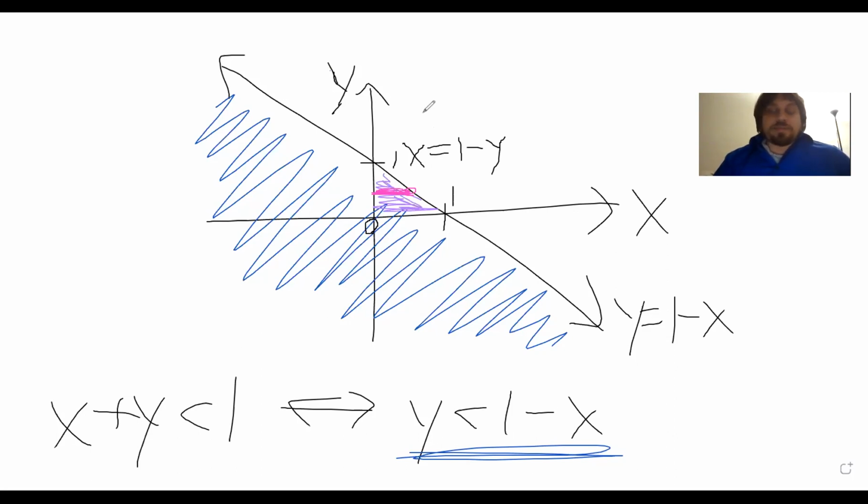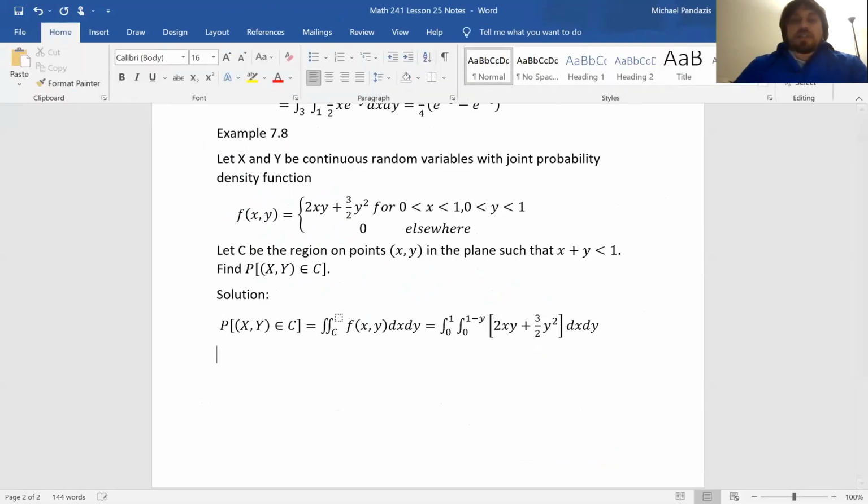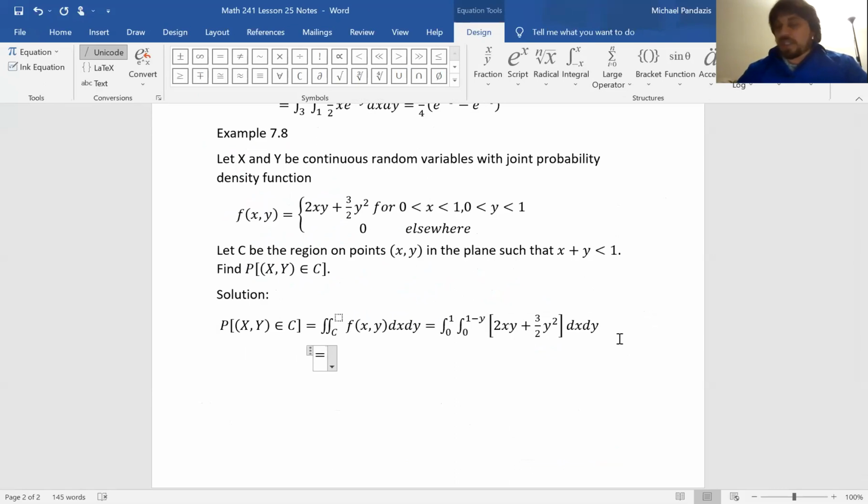Okay. So it's 0 to 1 minus y for x and 0 to 1 for dy. Okay, and so then you integrate that. And so the hardest part is done, and now it's just a matter of integrating.